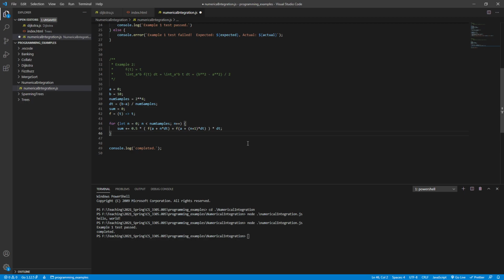Okay. So now we do the unit test portion of it. So we have our expected value. The actual value, which was the sum. And then the amount of tolerance. And again, 1 part in 16,000 seems acceptable.